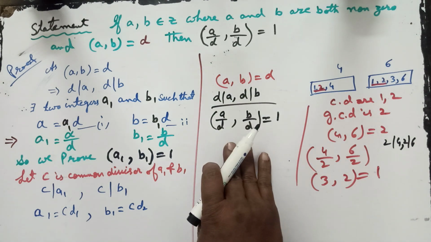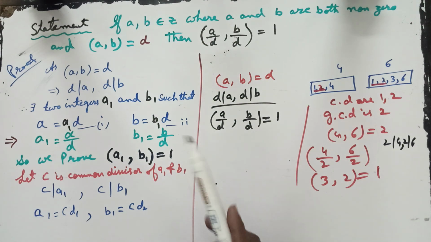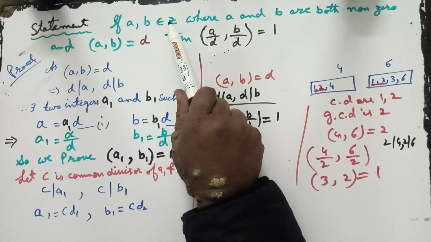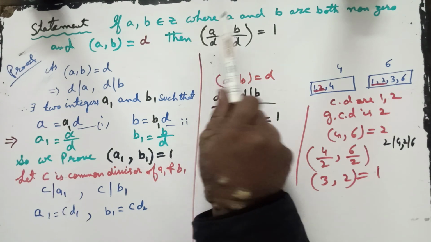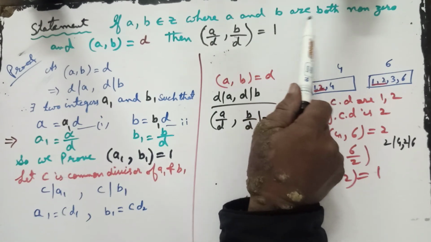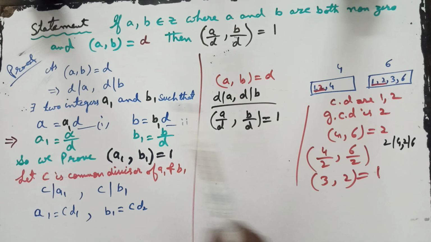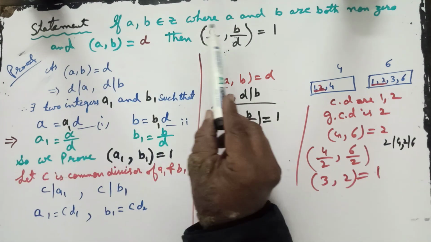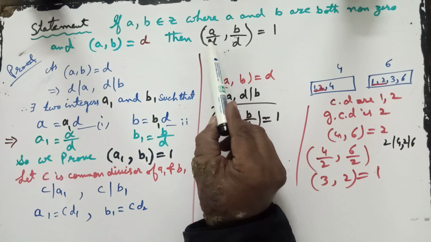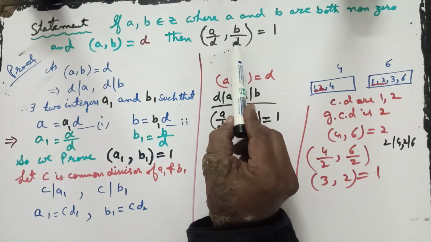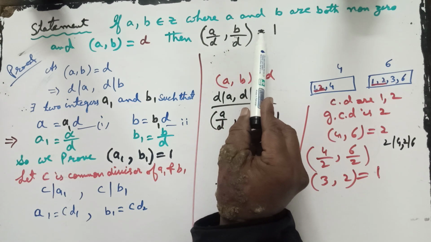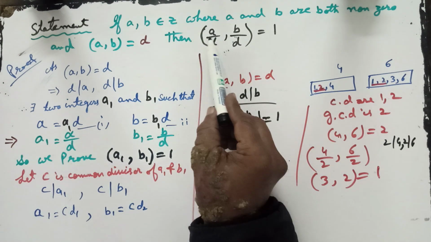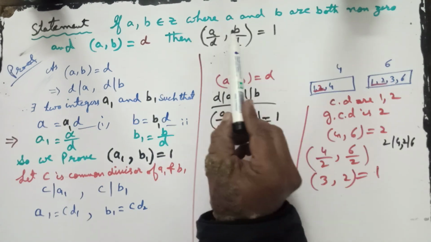This is our theorem. Now I read the statement. Statement: if A and B belong to the set of integers Z where A and B are both non-zero, and the GCD of A and B is D, then if I divide A by D and B also by D, their GCD must be 1, or they are relatively prime.